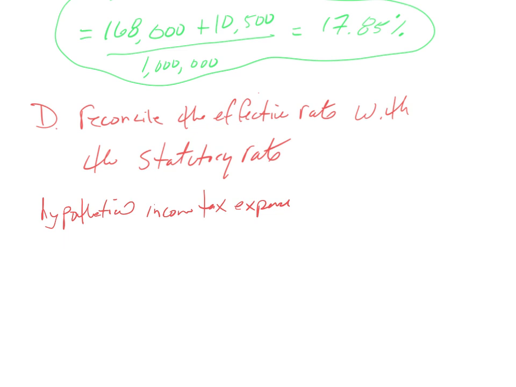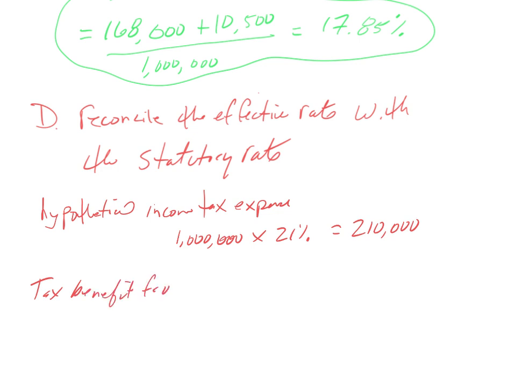So their hypothetical income tax expense is 1 million times 21%, which is 210,000. Now, what is their tax benefit from the dividends received deduction? Because that's their permanent difference.